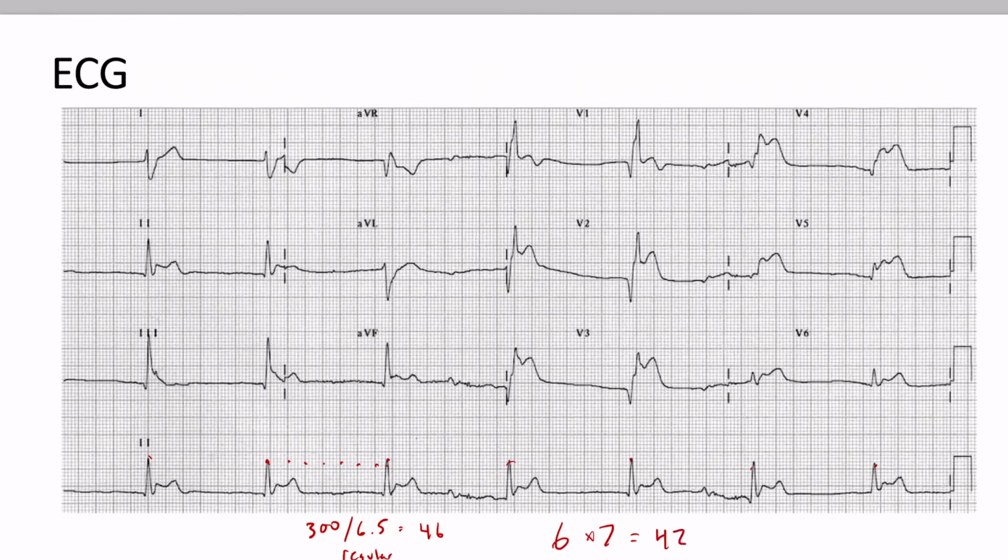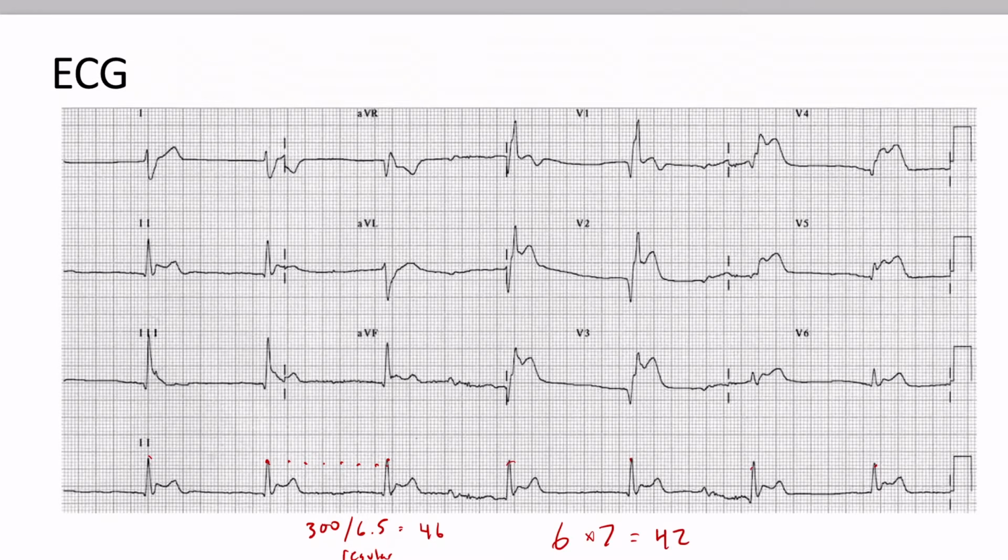And that will give you 42 beats per minute. So the reason you do 6 is because there's a 10-second ECG. So in 1 minute, you'd multiply that by 6. So then you can just multiply the R waves by 6 and get the beats per minute. So we'll say there's somewhere in the mid-40s range for rate.